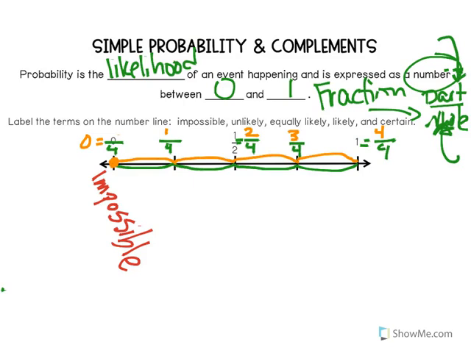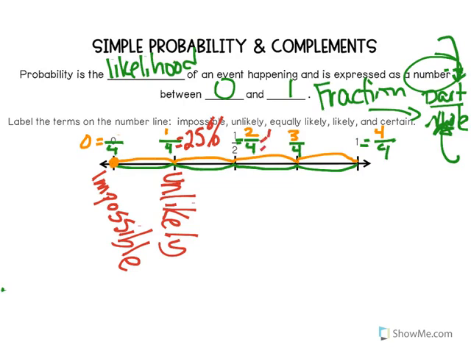It's impossible. It's not going to happen. Okay? 1/4 is 25%. And if something is 25%, it's not that it's impossible, it just means that it is unlikely. It's unlikely that it's going to occur.